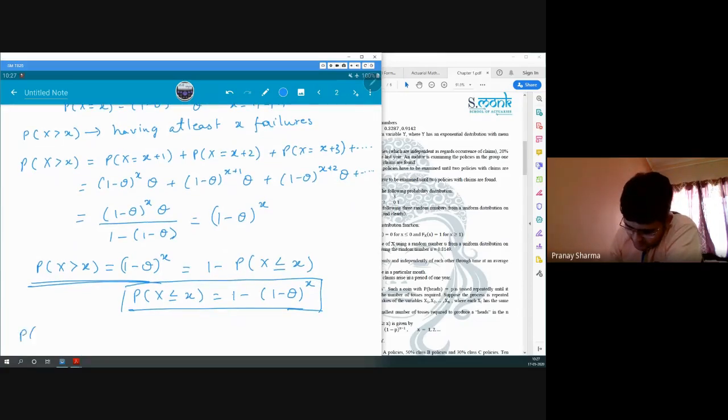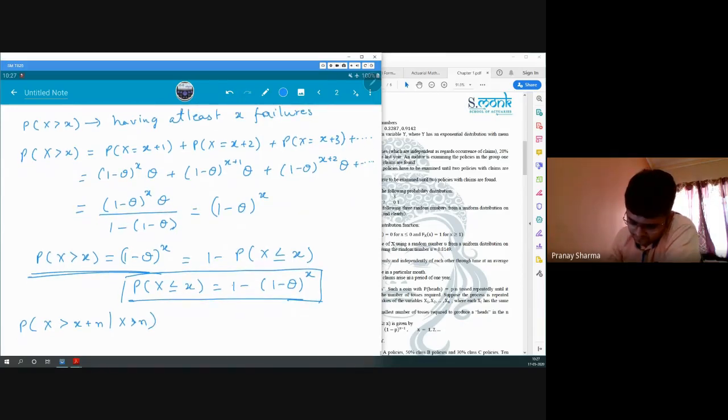Now let's find probability X greater than x plus n given X is greater than n. Now what does this actually mean? We said this is nothing but probability of having at least x failures.